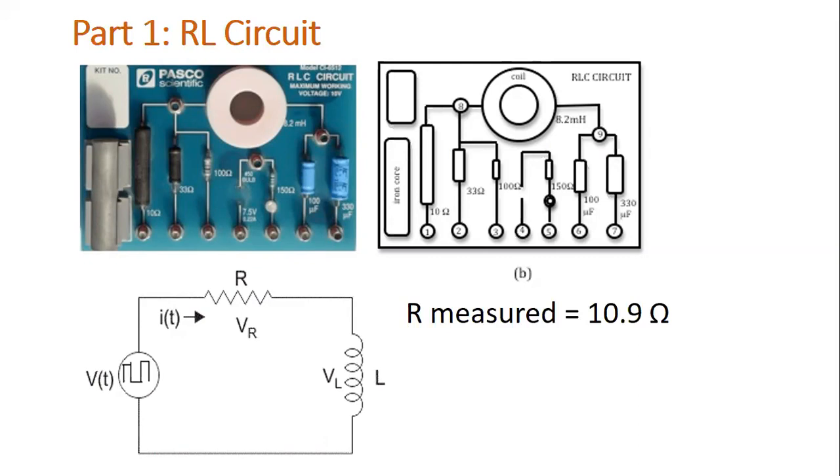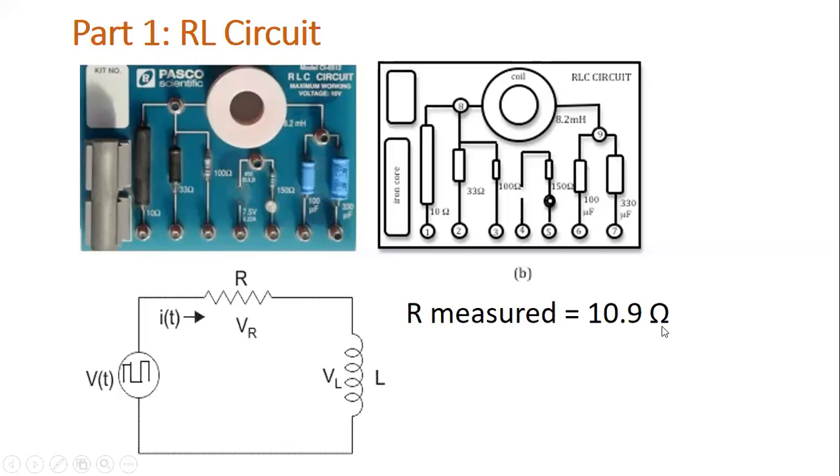We will be seeing the voltage variation over time. In part one, you need to measure the resistance of the resistor. Even though it's labeled on the circuit board as 10 ohm, we need to know the real value. So we measure the resistance of this resistor using a multimeter. When I measured it, the multimeter read 10.9 ohms.